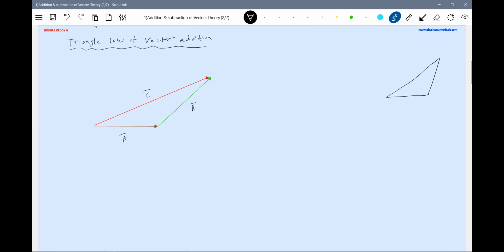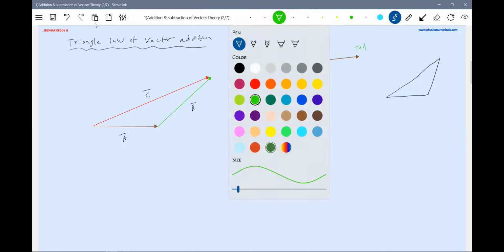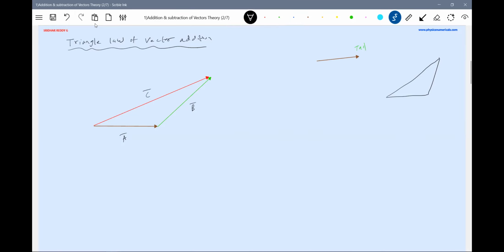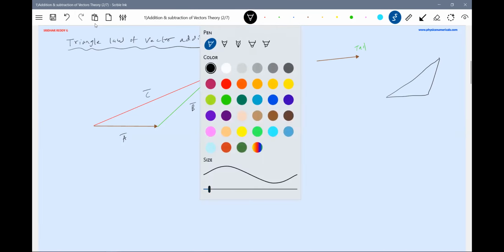Whenever you take a vector, what is the feature? I'll increase the nib size.